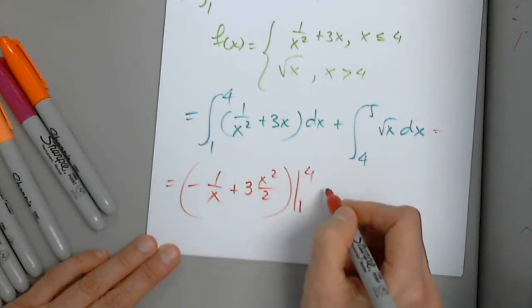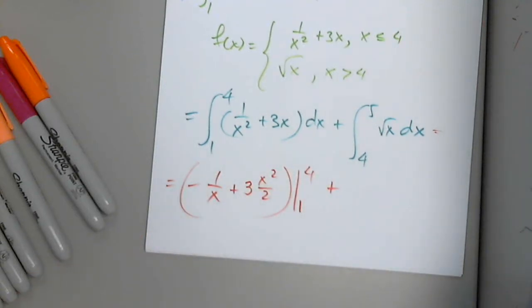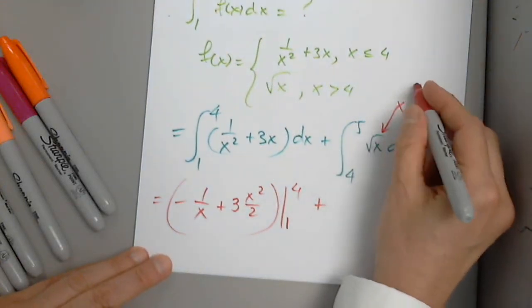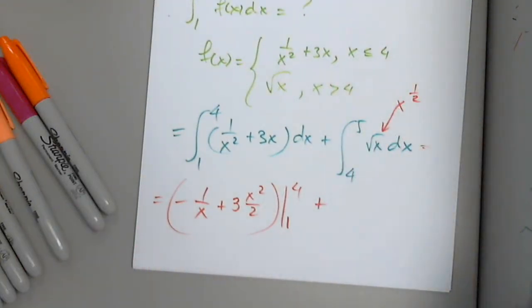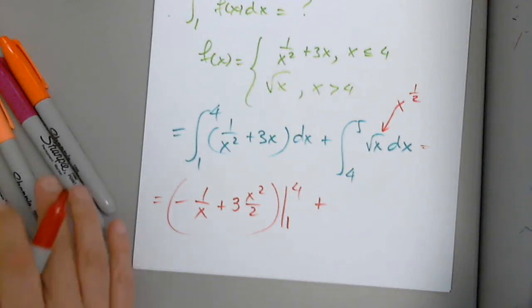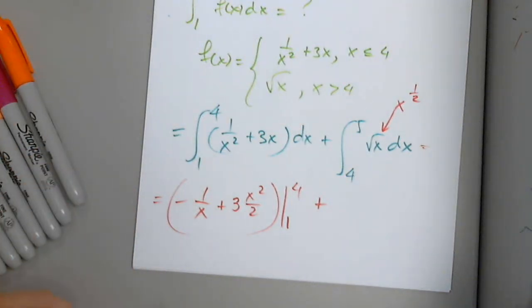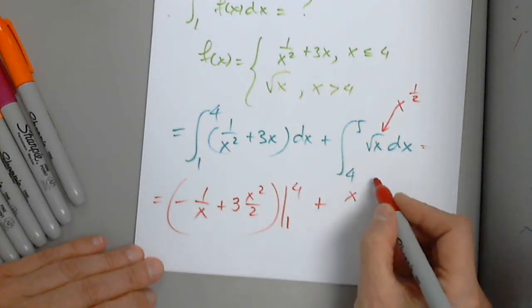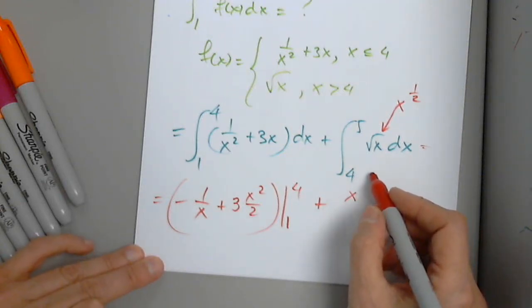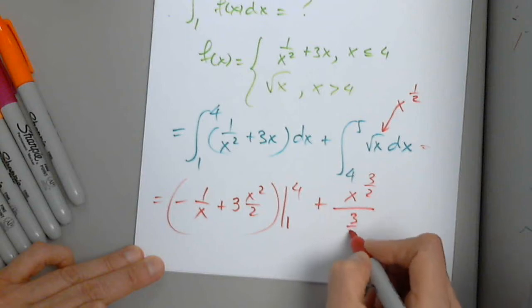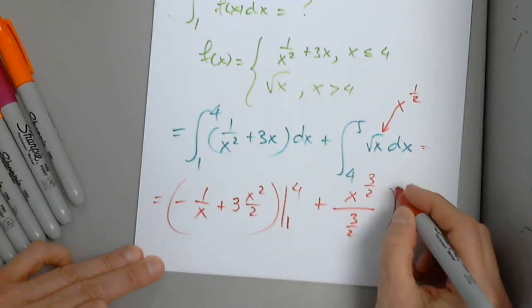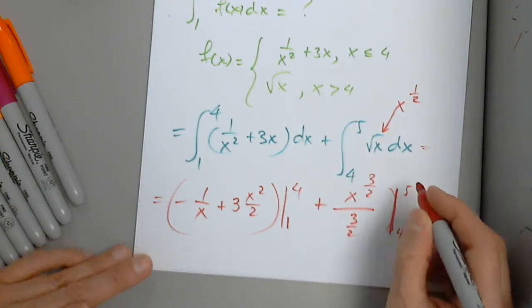So this is from 1 to 4, plus. Remember, this is basically x to 1/2. It's easier to use the property when you remember that it's x to 1/2. So it will be x to 3/2, very good, over 3/2. And this is, I'm sorry, from 4 to 5.